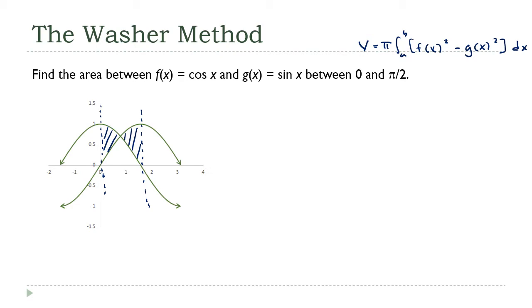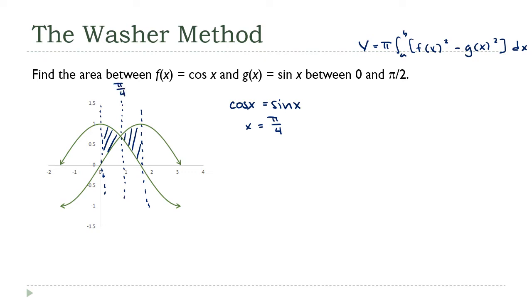And they cross each other here in the middle, right, at the point where the cosine of x equals the sine of x. And hopefully, just by looking, you know the solution to this equation is x equals pi over 4 plus k pi. But the only one we care about is this one right here between 0 and pi over 2. So this crossing point here is going to be at pi over 4.